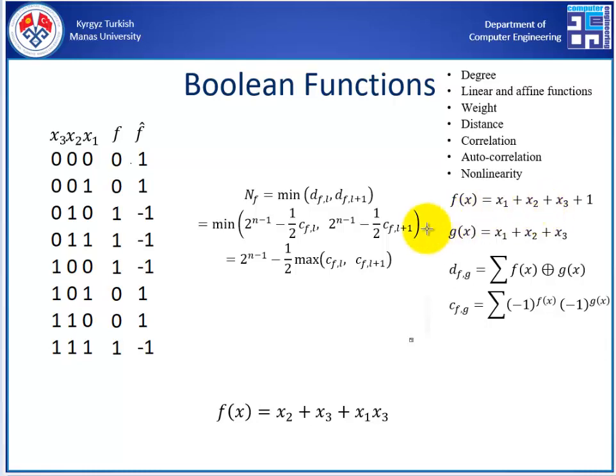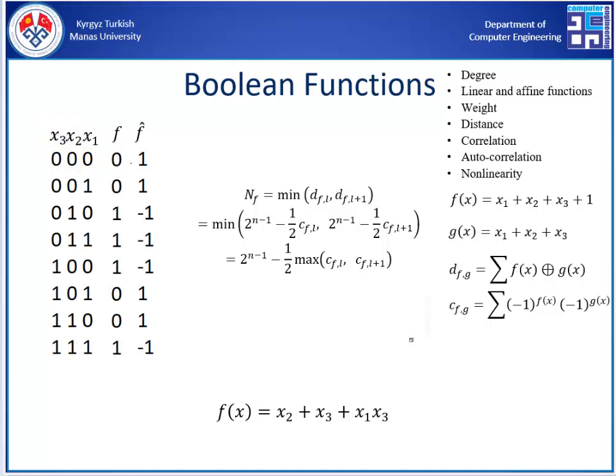So if the function is far away from the set of linear functions, then it is going to come closer to affine functions. So we can skip calculation of the correlation between the function and the affine functions and stop with calculation of correlation between the function and all the linear functions with the given number of input bits.